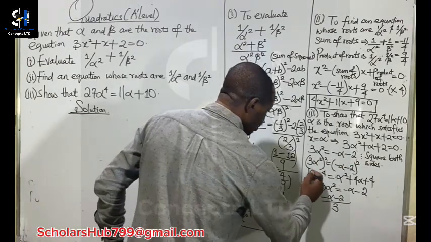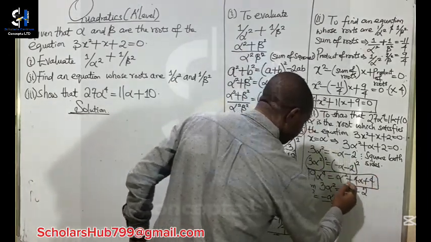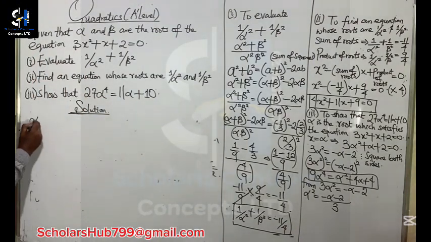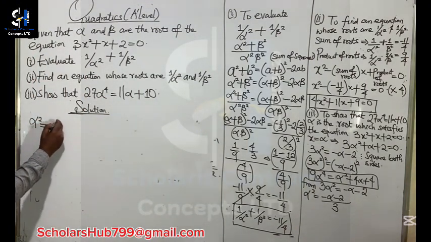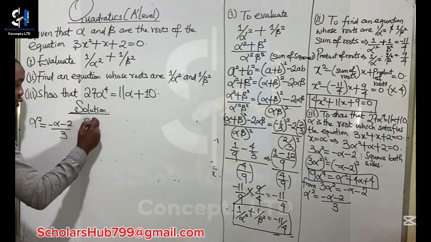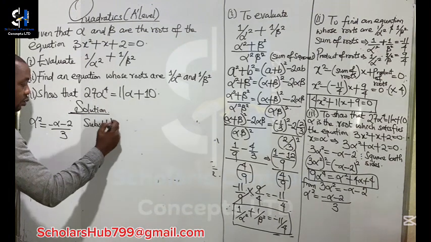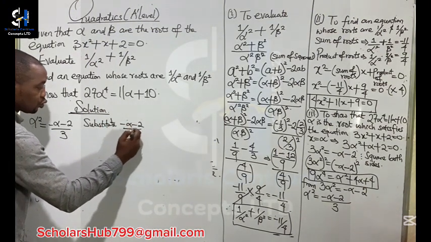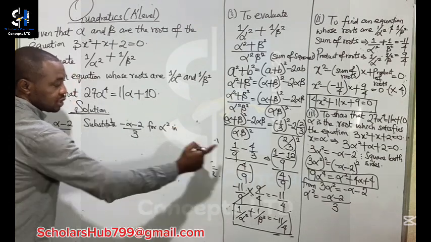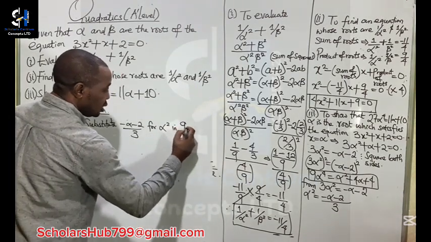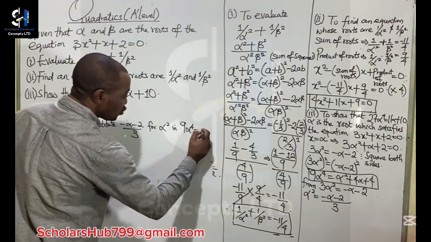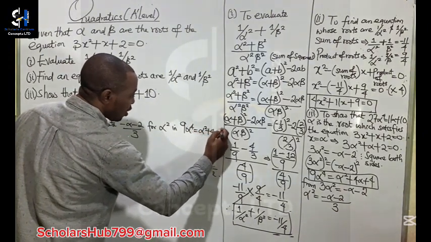This equation is very important. From there we have alpha squared equals negative alpha minus 2 over 3, so we substitute negative alpha minus 2 over 3 for alpha squared in this equation, that is, 9 alpha raised to the power of 4 equals alpha squared plus 4 alpha plus 4.